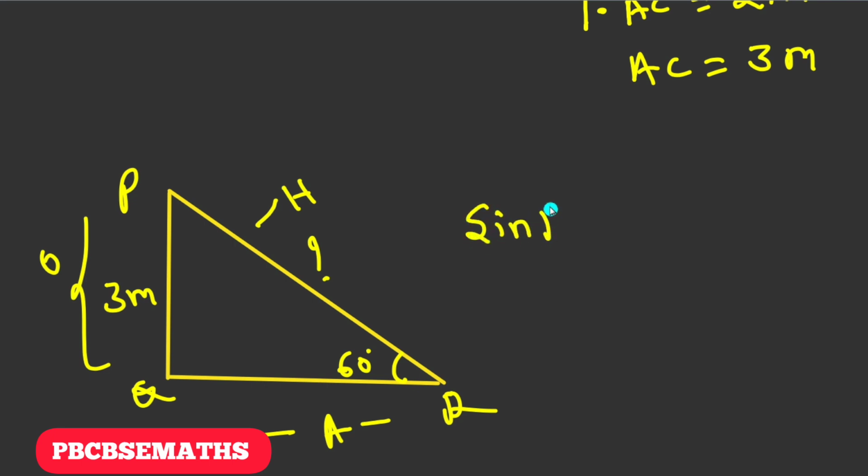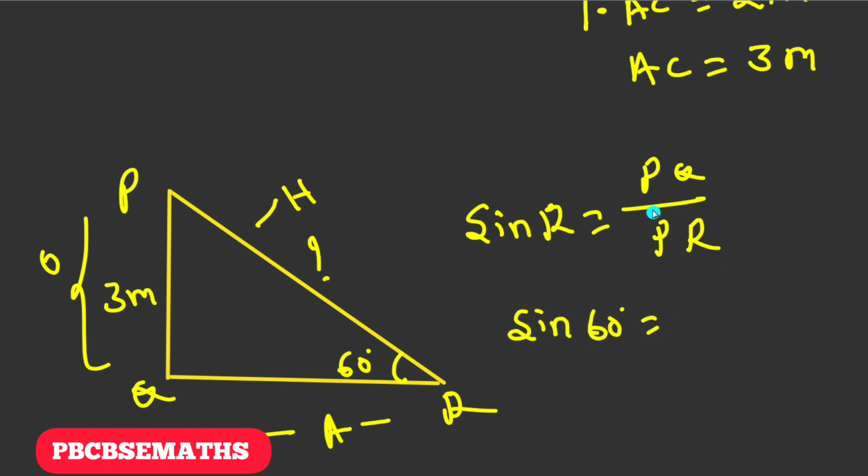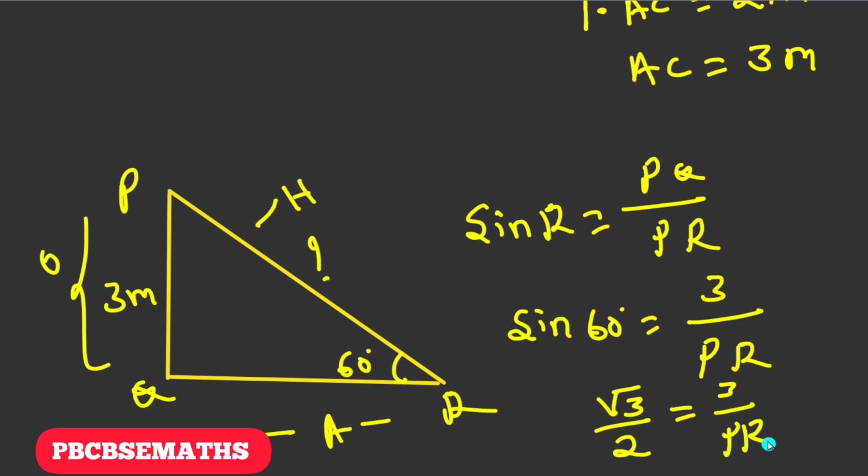So sine R is equal to opposite side PQ by hypotenuse PR. The value of R is 60 degrees. So sine 60 degree is equal to the value of PQ, 3, divided by PR. We know that the sine 60 degree value is root 3 by 2. So let's write that it is equal to 3 divided by PR.